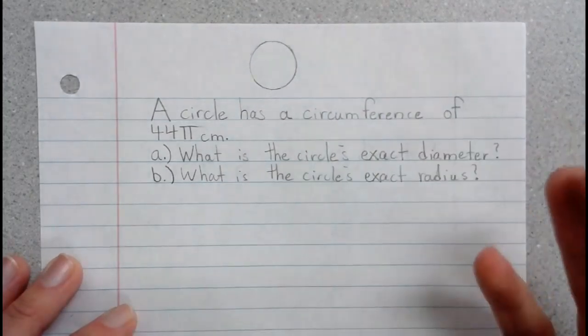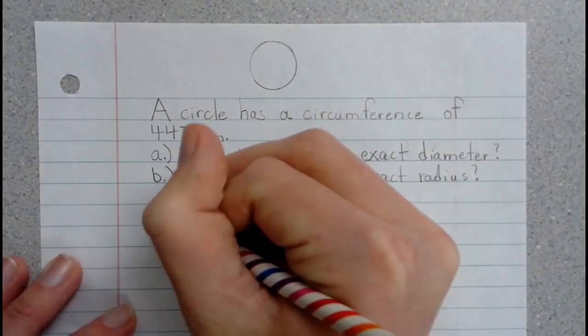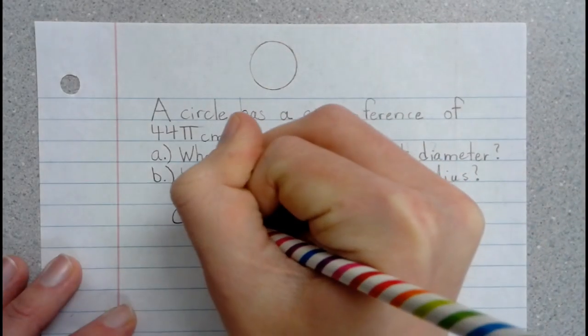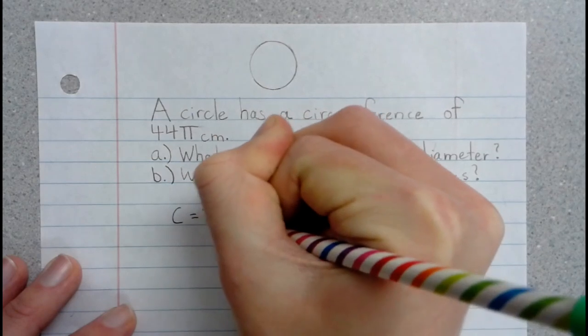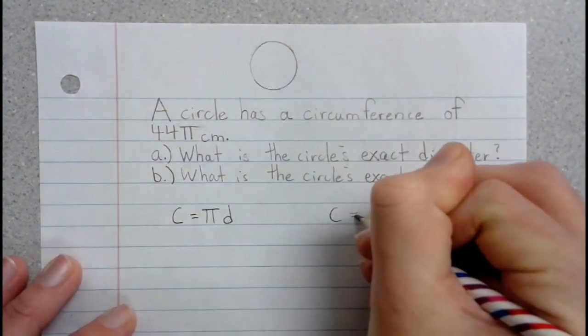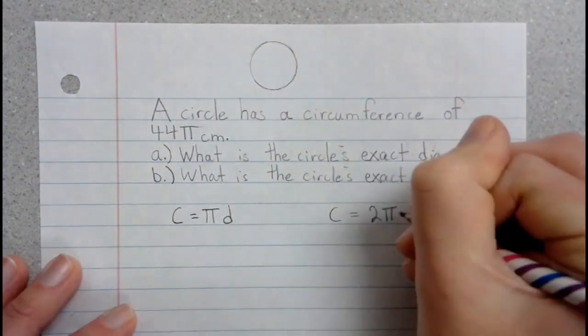And remember, our diameter is just our distance all the way across through the center, so that's D. Center to the outside is our radius, and our distance all the way around, again, that's our circumference.